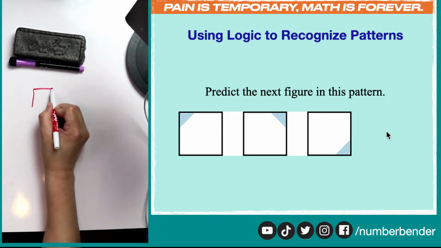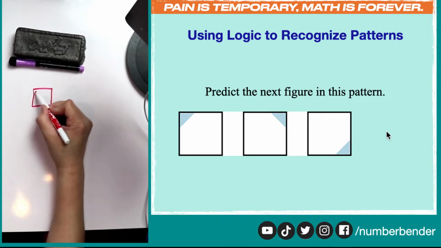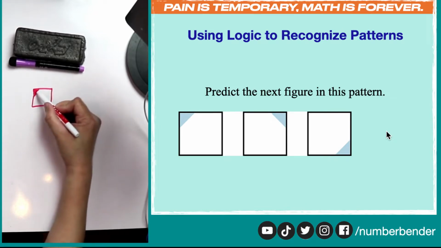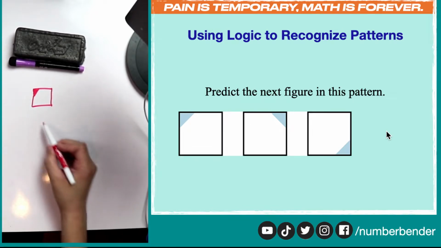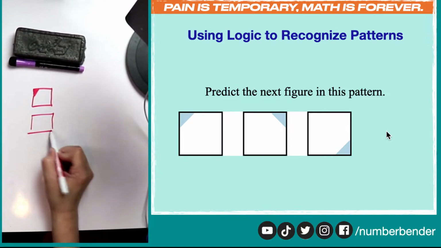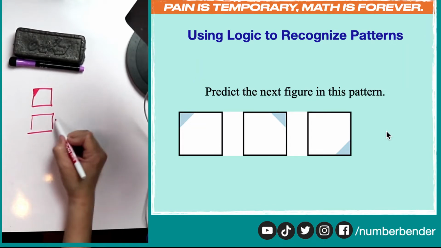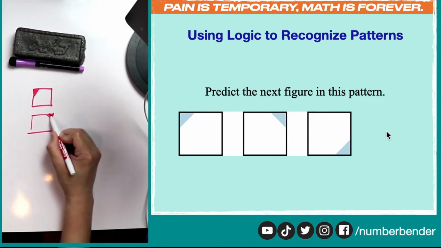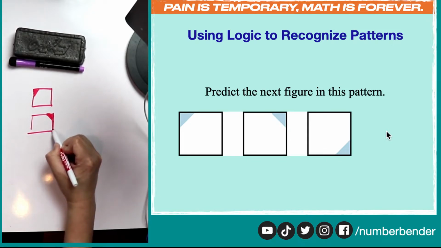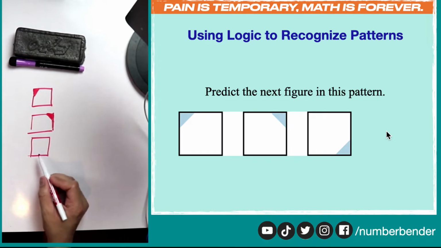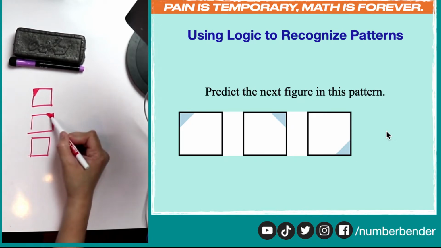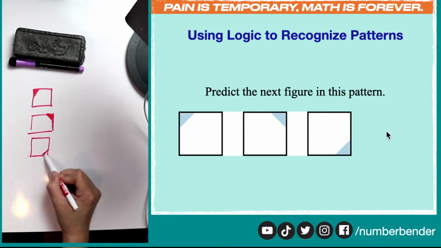By observing patterns. We have a quadrilateral here with a little triangle at the corner on this side of the square or quadrilateral. We don't know if this is really a square. Then the next figure has a little triangle right here in this corner. And the next pattern that we are seeing is that the triangle has now moved to this corner of the figure.